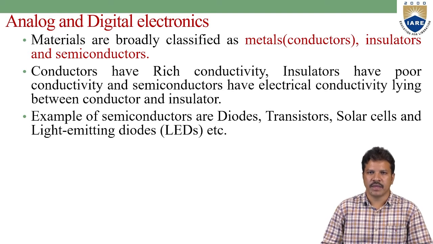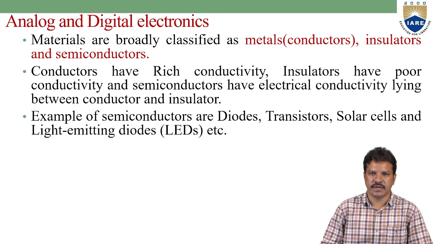Basically, materials are broadly classified as conductors, insulators, and semiconductors. Conductors have rich conductivity, and insulators have poor conductivity, whereas semiconductors have an electrical conductivity that lies between insulators and conductors.